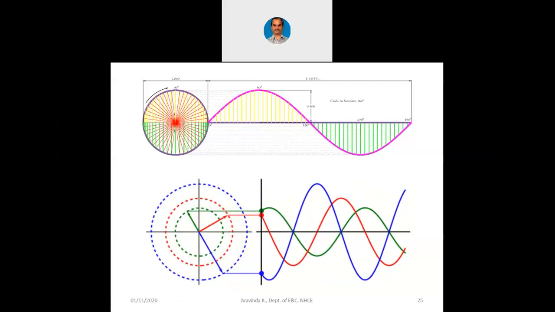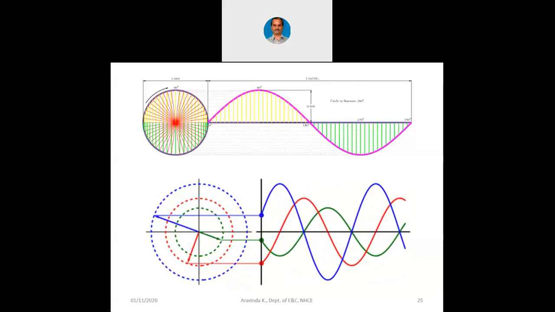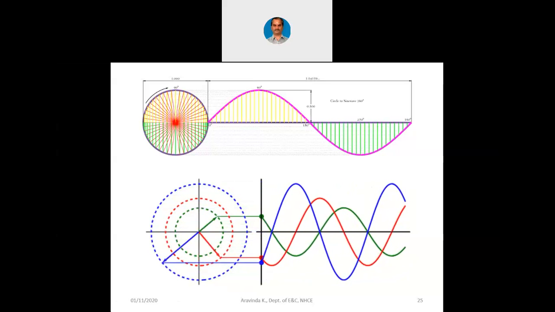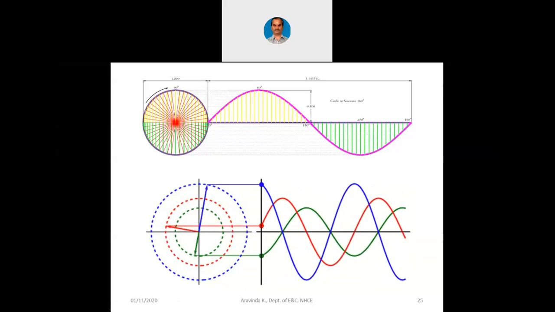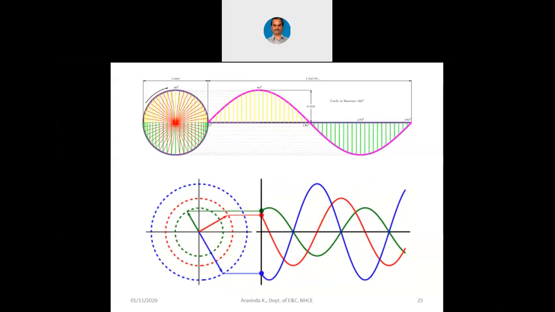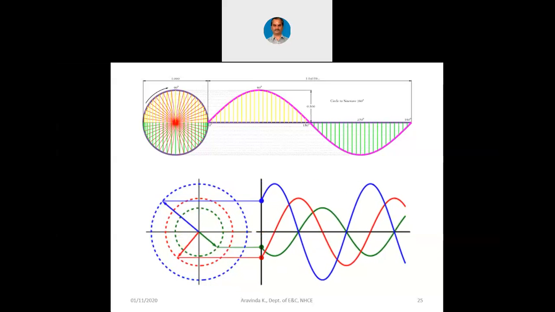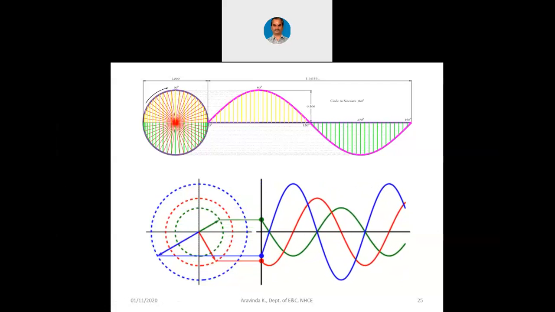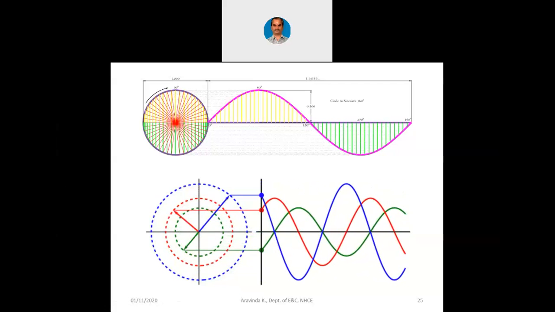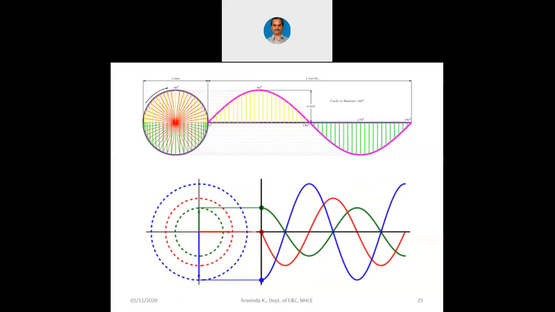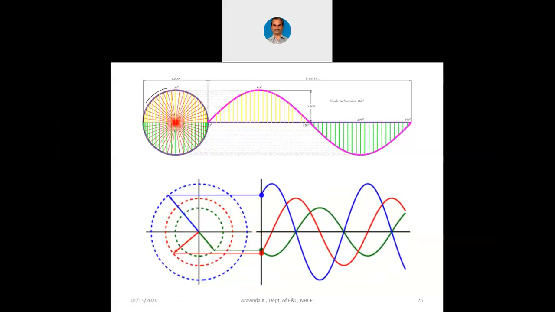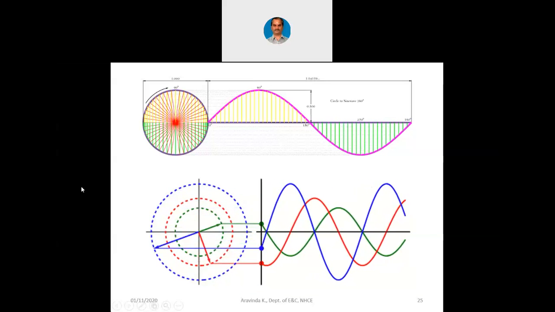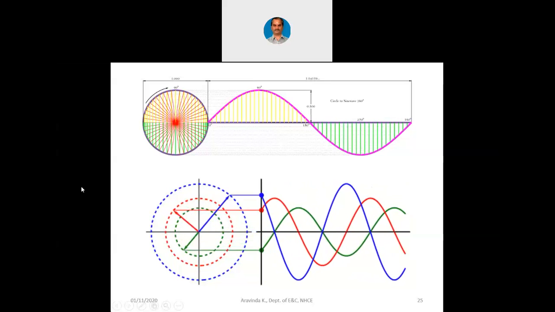Green and red have a phase shift of 90 degrees. What about blue and red? Blue and red have a phase shift of minus 90 degrees. So it depends on at which particular time instant we initiate the oscillators. Depending upon that, we can have phase shifted waveforms also. So this is a beautiful animation which indicates all the basics that way.